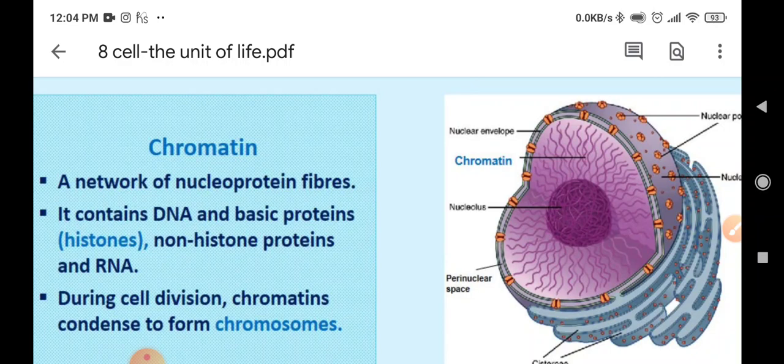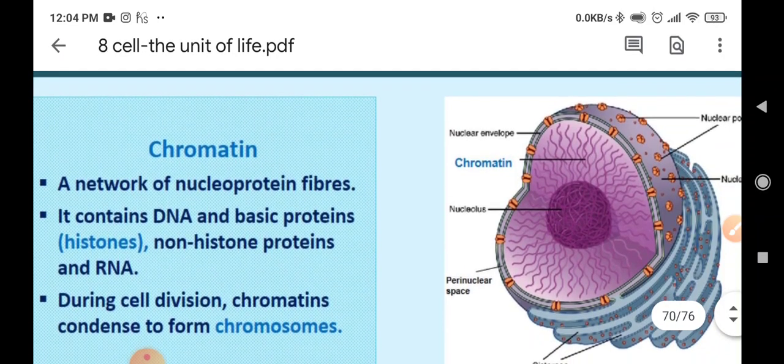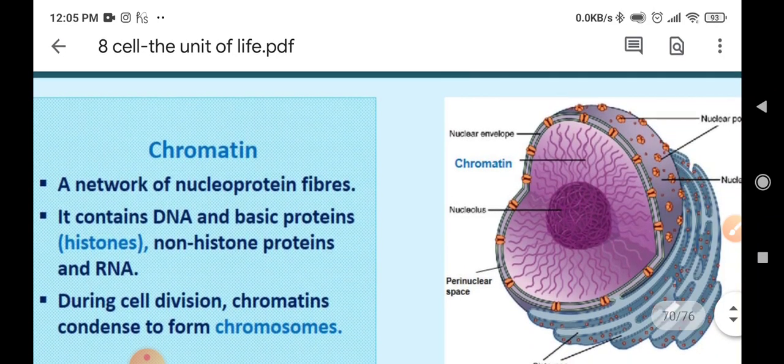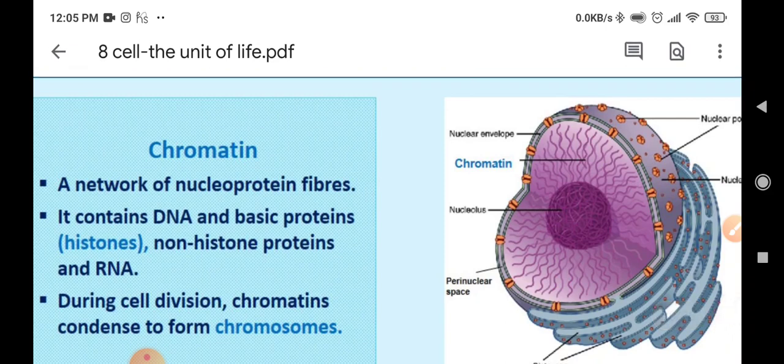Before cell division, when cell division is not taking place, these appear as fine threads and they are known as chromatin. But as soon as cell division starts, before that, it starts condensing.